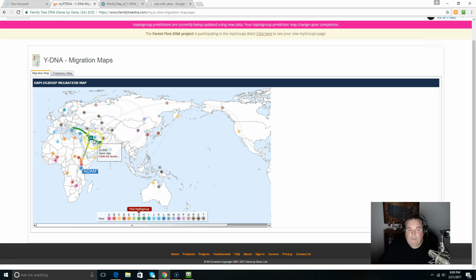G goes back 20,000 years, for example. Here's Haplogroup P going back 35,000 years. R2 going back 25,000 years. So this gives you a little example of how far you're going back. You're going back to the beginning of civilization practically with some of these tests.